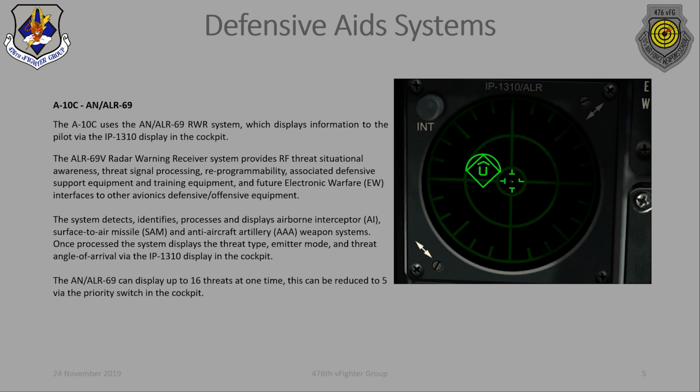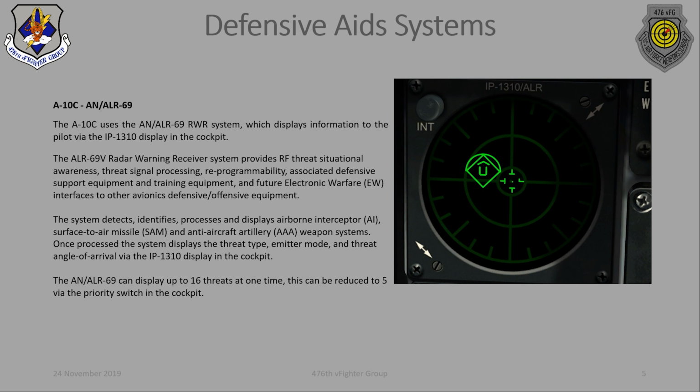The only other thing is it'll only display up to 16 threats at a time, which can get quite difficult in DCS sometimes if you've got a busy mission, because there's no filtering in DCS. Real world RWRs don't tend to display search radars unless the pilot chooses to disable the filter, because a search radar can't shoot at you, so you don't really care.